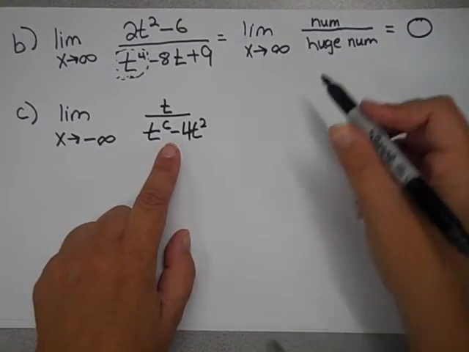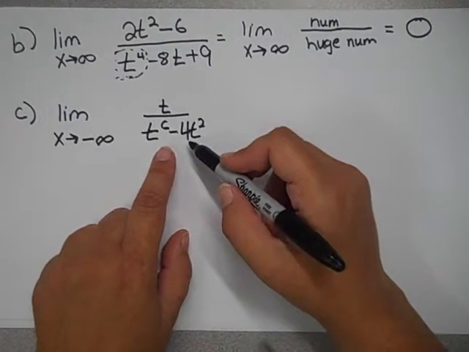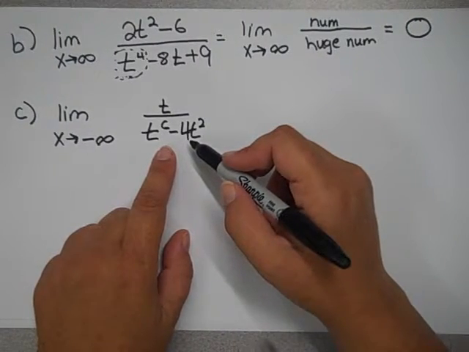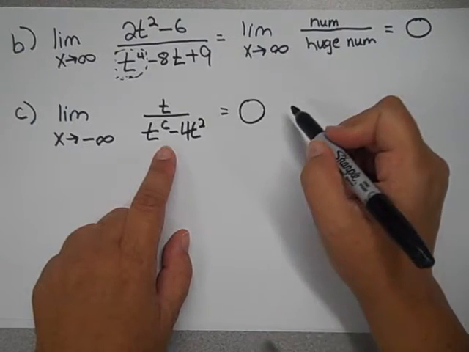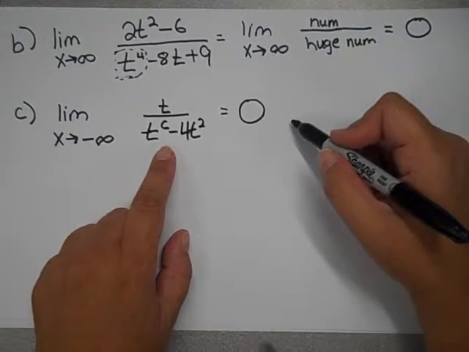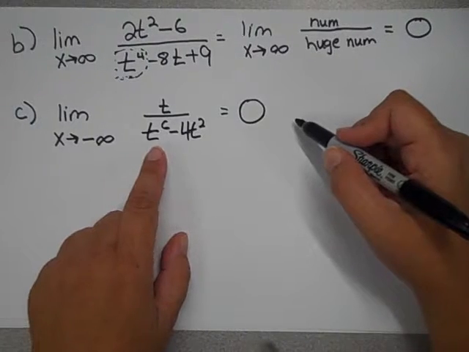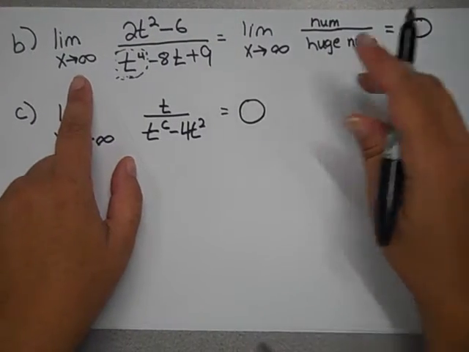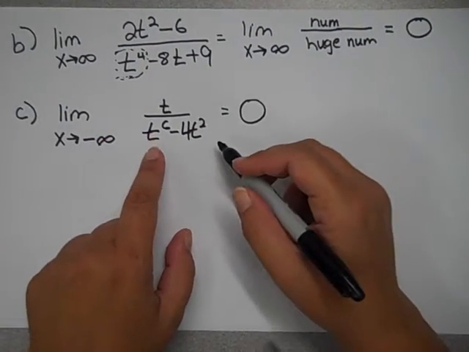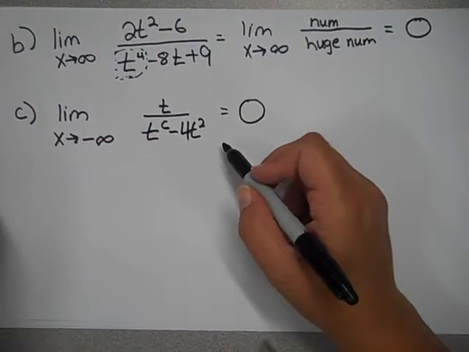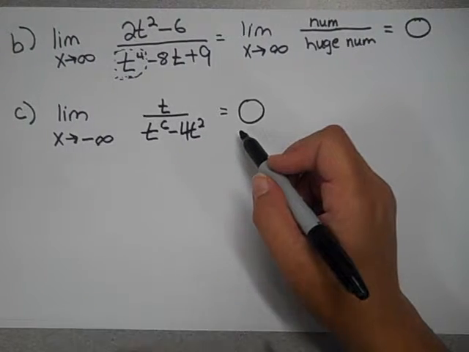So again, we're going to get a number over a really huge number. So this is going to lead us to 0. And what both of these mean, by the way, is that there would be a horizontal asymptote at 0. Because in this one, as x gets really big, the graph is going towards 0. In this one, as x gets really, really small, the function is heading towards 0.